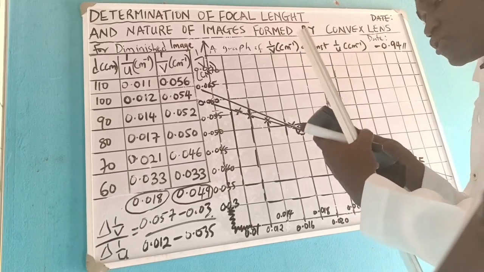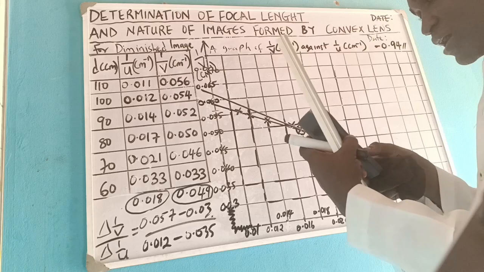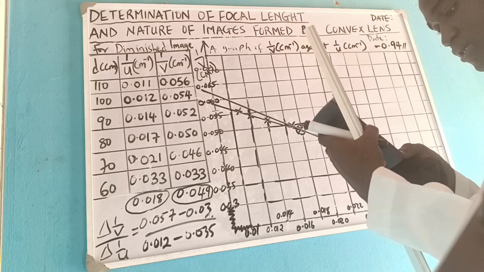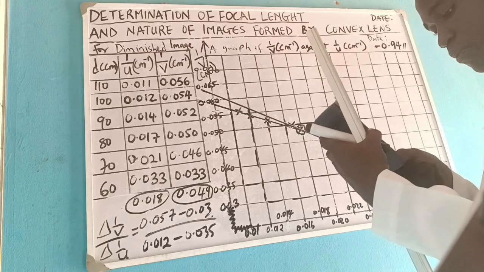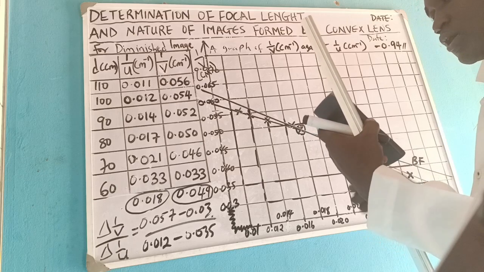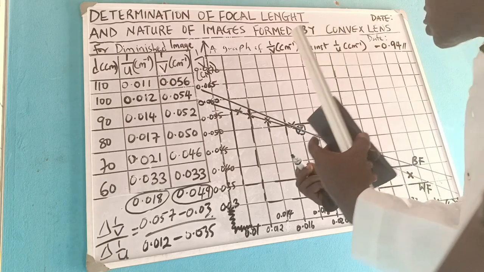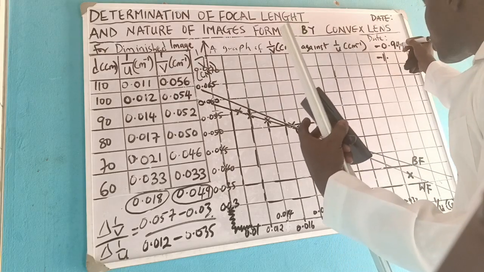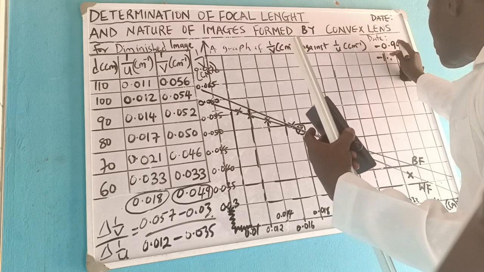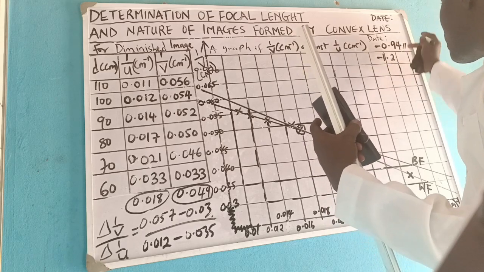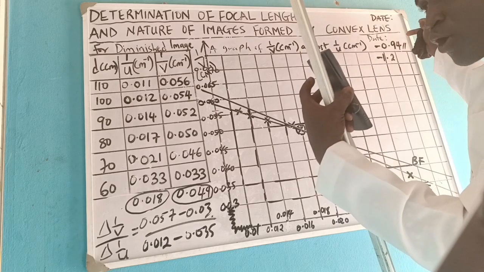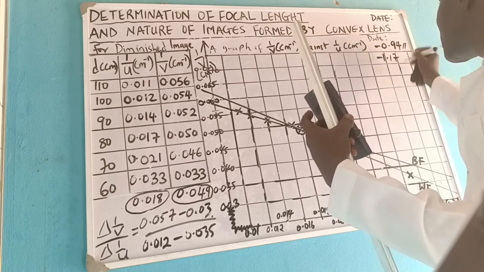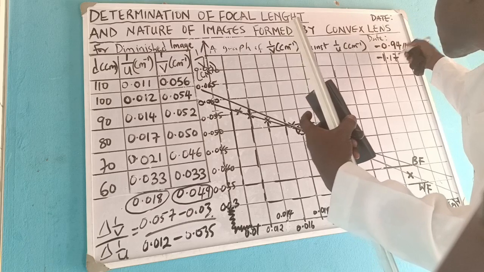Okay, we now have 0.057 minus 0.03 divided by bracket 0.012 minus 0.035. We have that to be minus 1.2. Okay, this is 2 decimal places, minus 1.17. Minus 1.17. That is the worst fit one, and the other one is the best fit one.